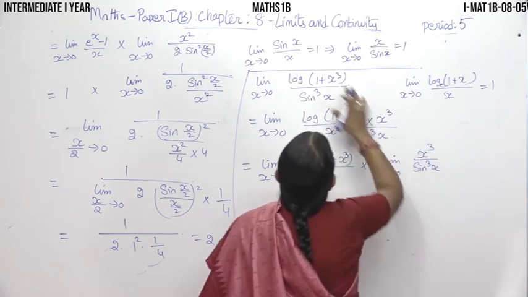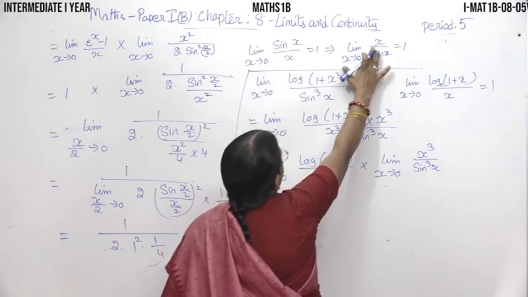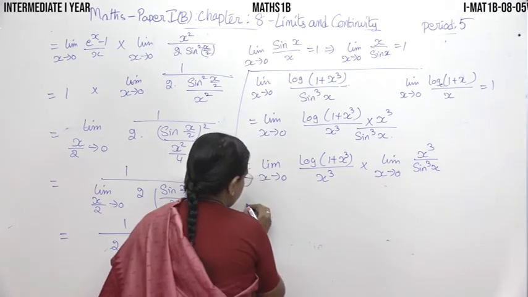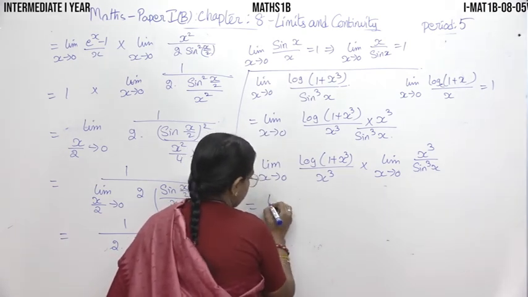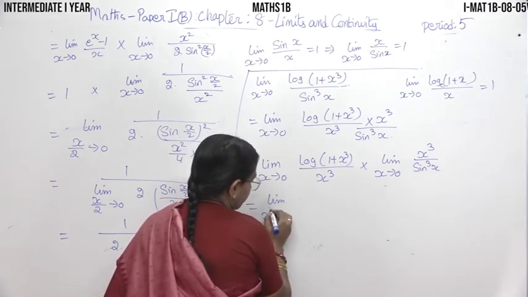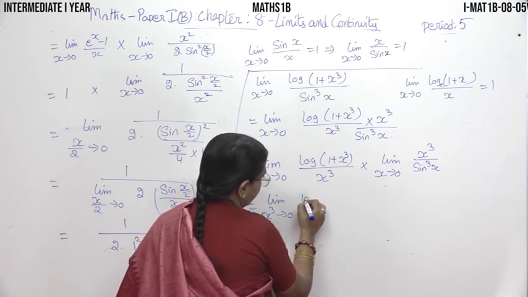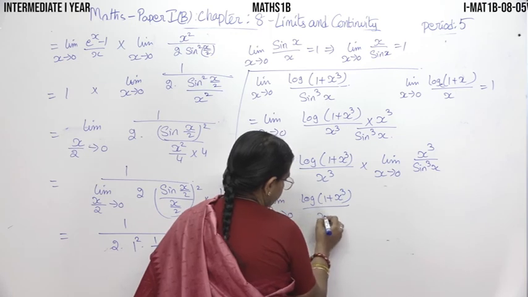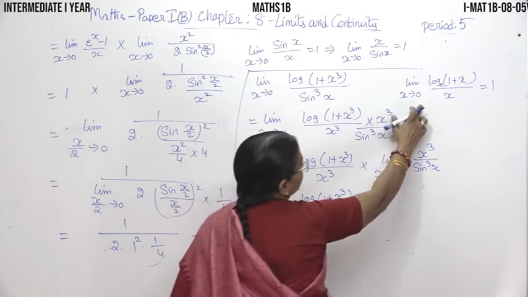Now as I said, sin x by x tends to 1, and x by sin x also is equal to 1. So it is in that form, and you can write this as limit x cube tending to 0 of log of 1 plus x cube by x cube. Now it is in this standard limit.